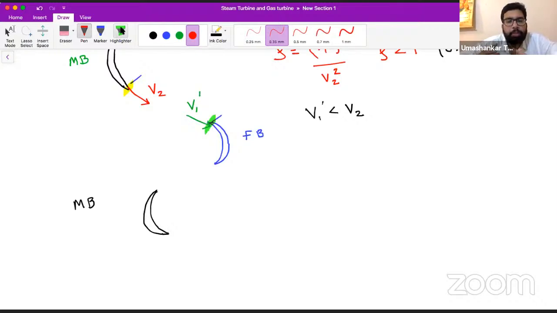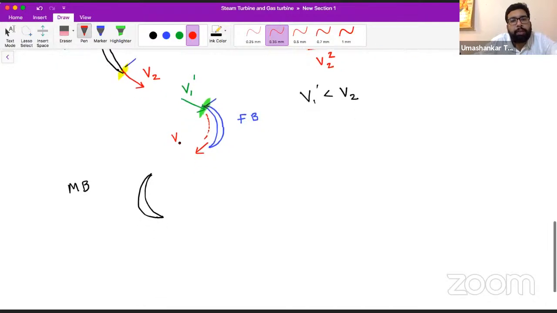The purpose of this fixed blade or guide blade, as I told you in the last class, is just to guide the steam to the next row of the moving blade. So just feel the thing. The steam enters from here, follows this path, and exits from here with the velocity of v1 dash, or will there be some difference?